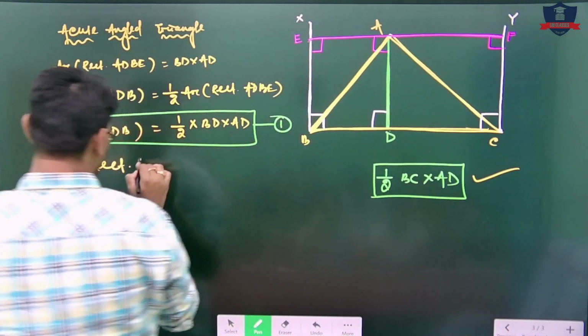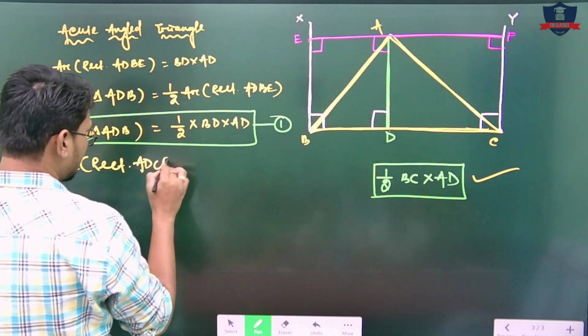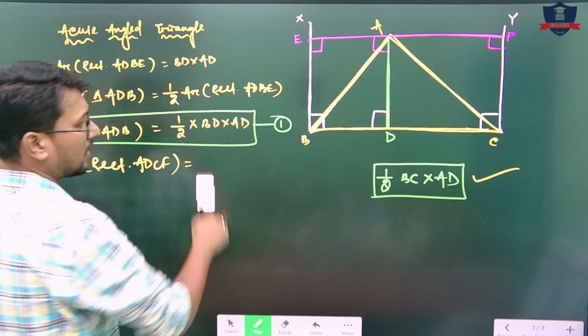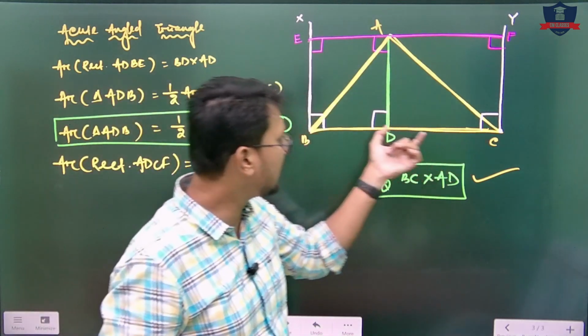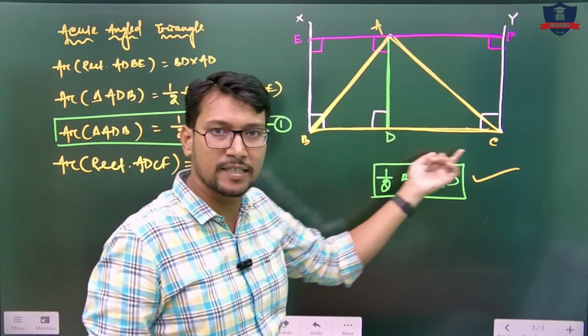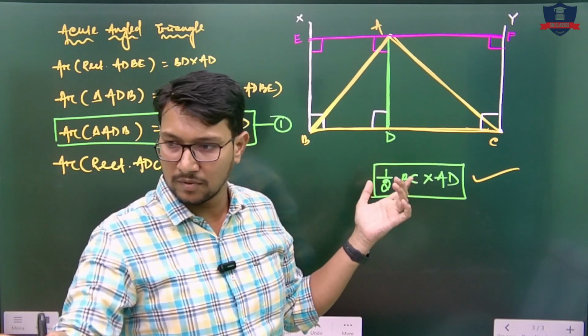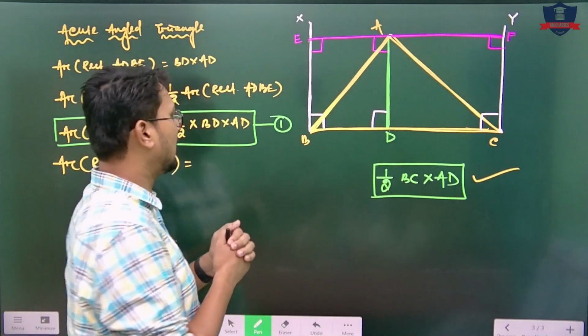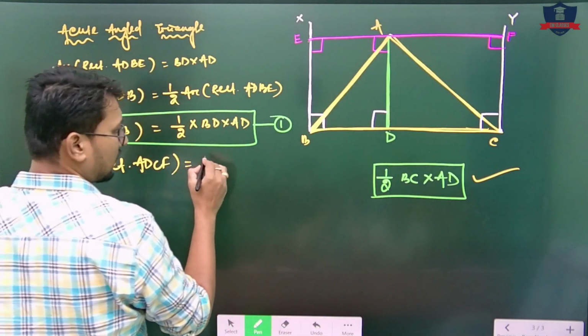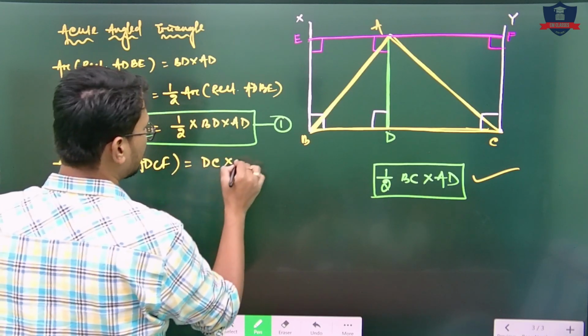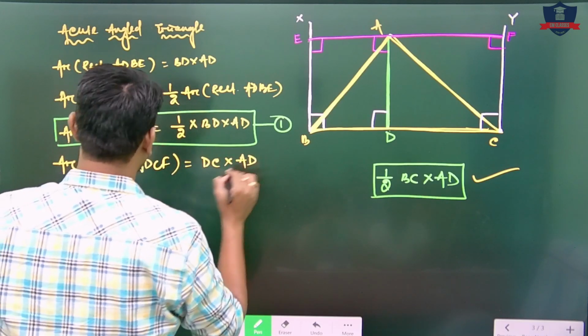What is the area of ADCF? DC into AD. Clear, everyone? Any doubt? Is that visible now? Yes, sir. ADCF is a rectangle whose area is DC into AD. Everybody, I hope clear.